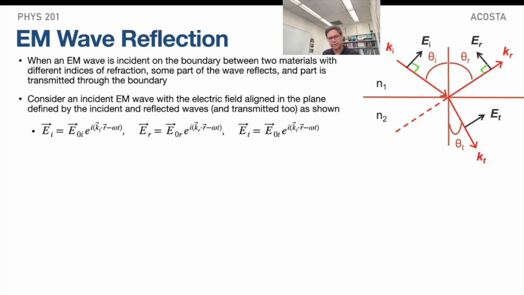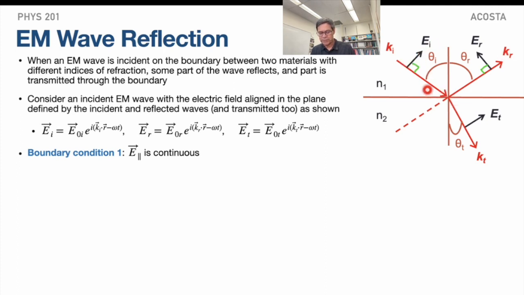All right, so we just discussed a moment ago the boundary conditions, and one of them is that the electric field parallel to the surface that defines the boundary between two media must be continuous. Now, that is not this component of the electric field which is parallel to the plane defined by ki and kr.